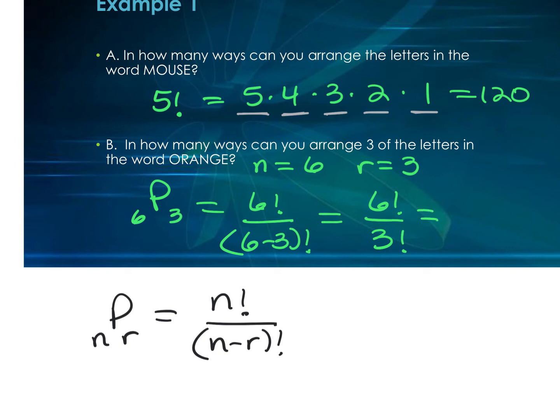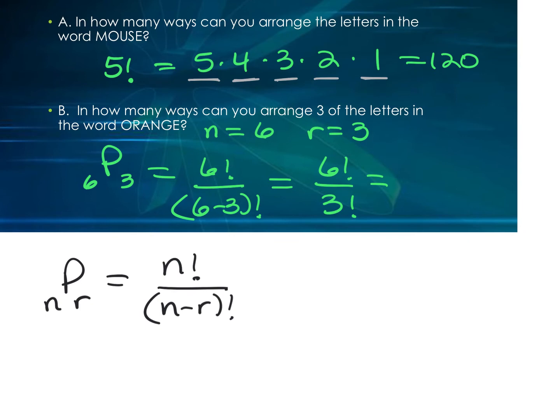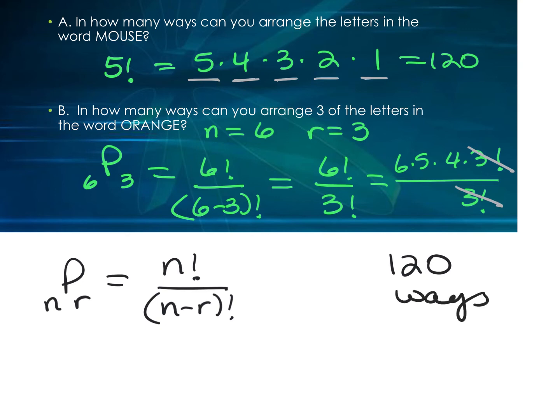So I'm going to expand it out. This becomes 6 times 5 times 4 times 3. Now, if you want to stop here at the denominator factorial, the 3 factorials cancel. And now I'm just left with multiplying. 6 times 5 is 30 times 4 is 120 ways to choose 3 letters from the word orange and arrange them.